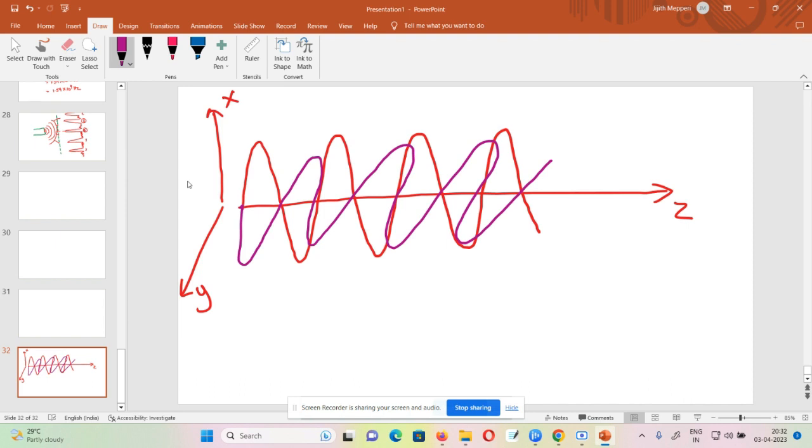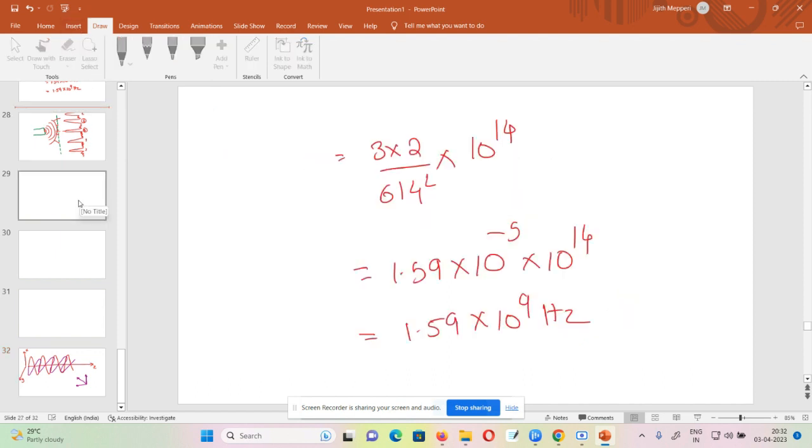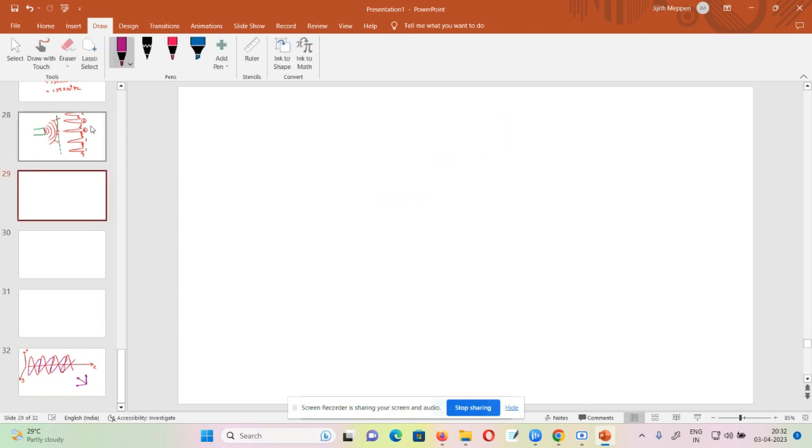If you are looking from this side, you can see that one wave is like this, another wave is like this. So what will be its combined effect? It will be another wave in this direction. It will not combine and become zero.